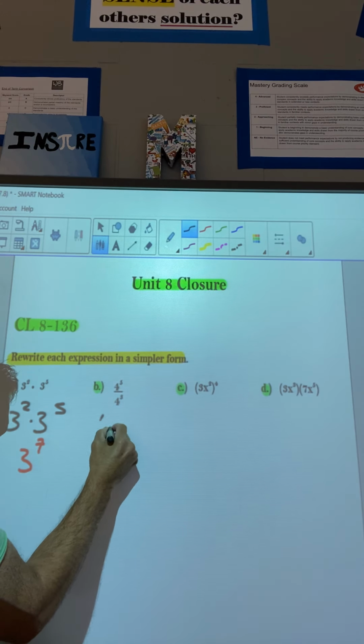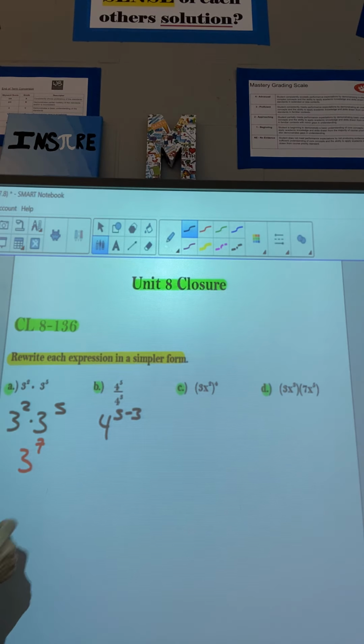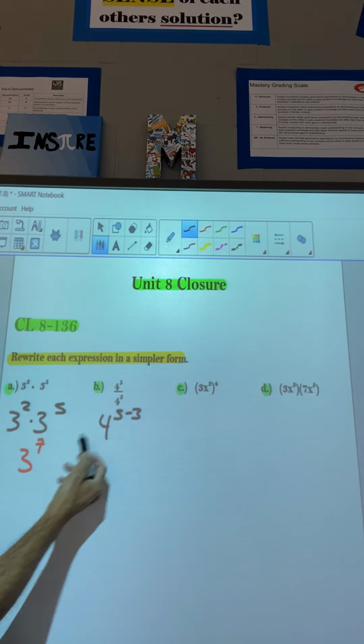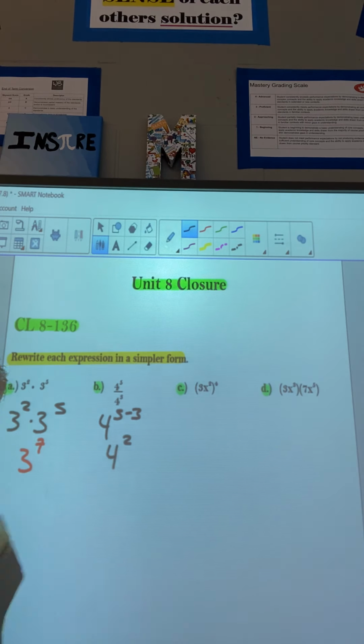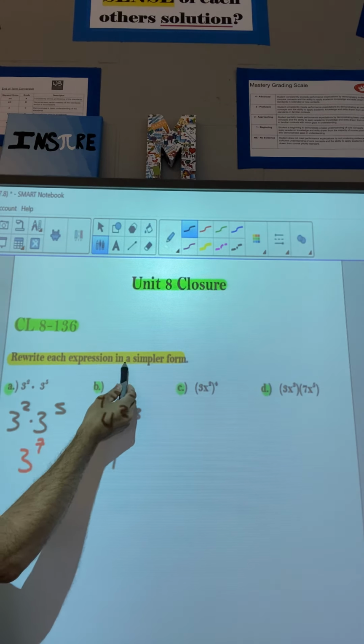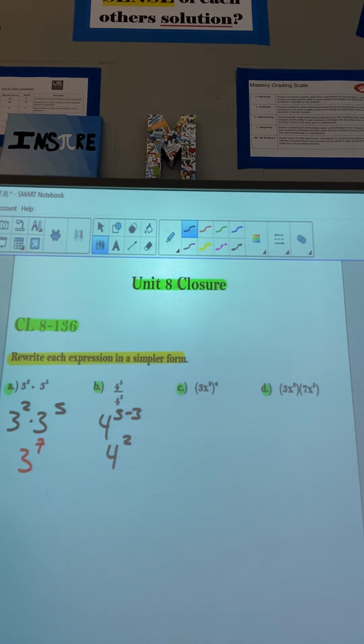If you remember, we take 4 to the 5th and we minus the exponents. So when we divide, we subtract. Before, we added. So now I have 4 to the 2nd. It says rewrite the expression in a simpler form. So this could be a simpler form, or you could actually simplify that. Both of them would be acceptable, which would be 4 squared.